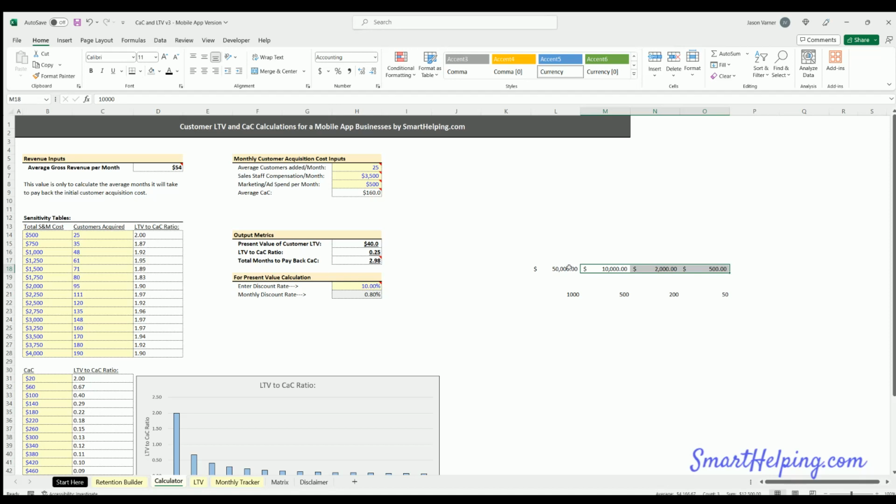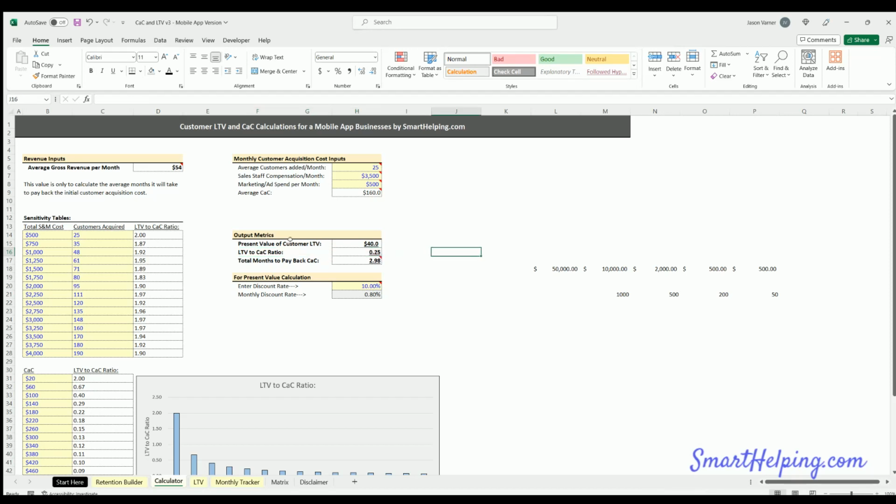But the idea is, here's your spend, here's what you made over time. Let's just say this is what you made over time from these customers, this is what you spent. So the total value relative to the initial cost is what we're trying to show here.